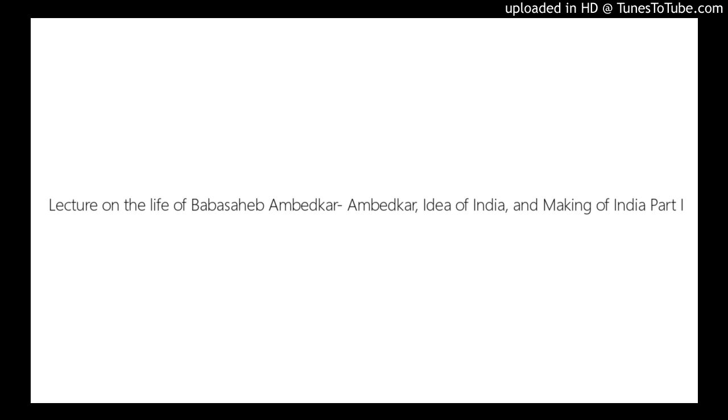And once Jawaharlal Nehru was absent, the committee unanimously elected Ambedkar as the pro tem chairman of the committee. He became so influential that when J.L. Nehru was not present as a chairman of the committee, which was a very high-powered committee, Dr. Babasaheb Ambedkar was elected unanimously as the pro tem chairman of that committee.